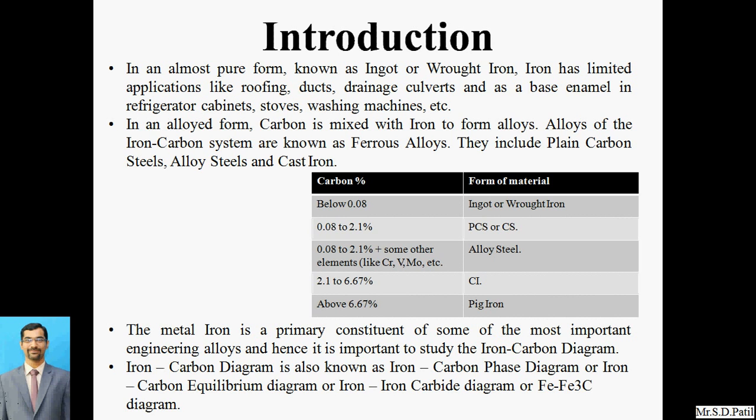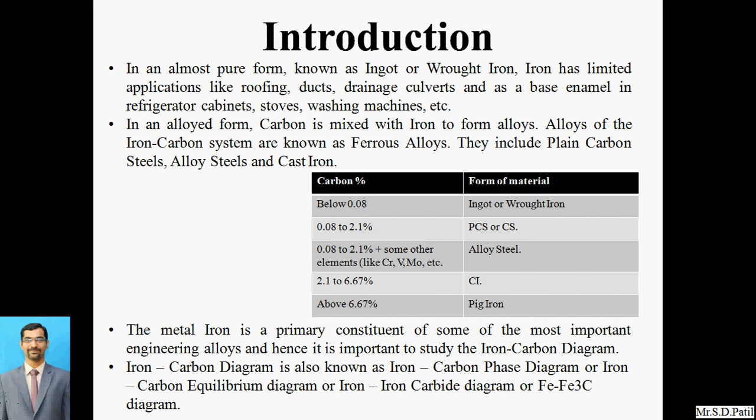Now, in an almost pure form, iron is ingot or wrought iron. Iron has limited applications, like roofing, ducts, drainage culverts, and base enamel in refrigerator cabinets, stoves, and also washing machines.